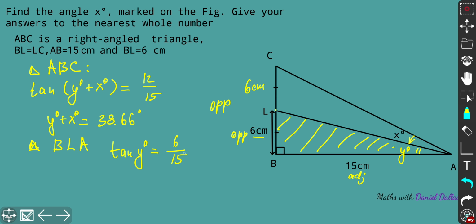And now we're going to calculate tan minus 1 of 6 over 15, which is, so angle y itself is 21.8.